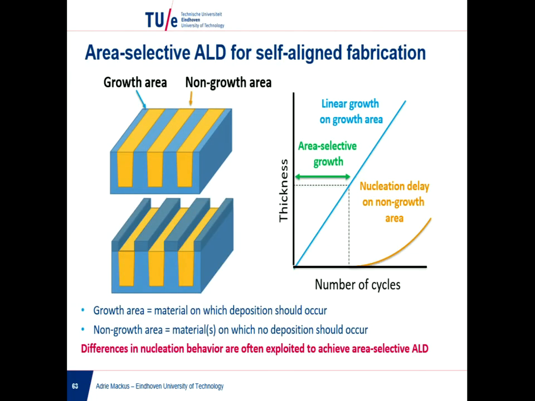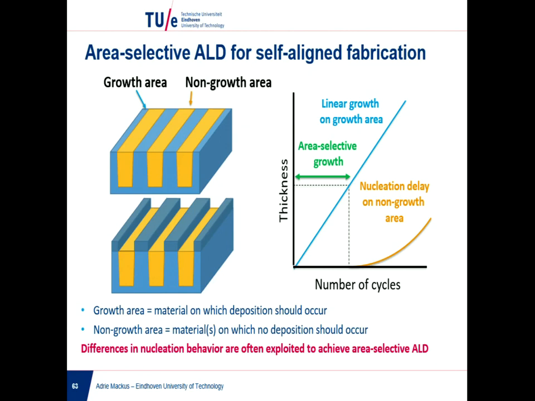Okay. So how do we design a process for this? How do we make sure that the deposition is selective? In contrast to what we discussed in the beginning, we're not really talking about patterning itself, but we're considering that we have a device structure with different materials present, and the aim is to selectively deposit on only one of those materials. So what we typically define is a growth area and a non-growth area. The growth area is the material on which we do want to grow the material, and on the non-growth area, we don't want to see any deposition.